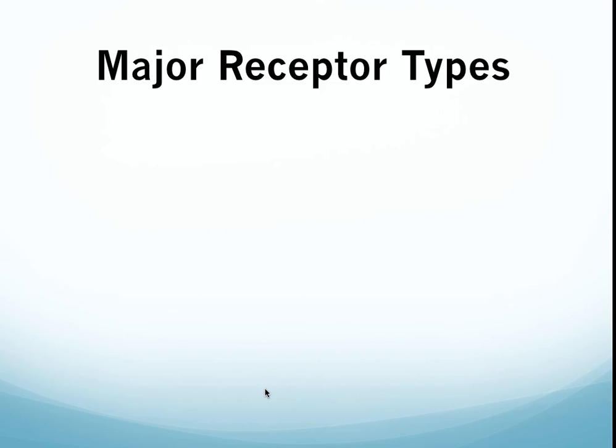So what are the major receptor types? We're going to talk about two big ones. There actually is more than two, and it depends on how specific you want to get and how much biochemistry you want to get into and how much, let's say, enzymatic function you want to get into, but for us we're going to keep it simple and we're going to talk about two major types. The first type is called an ionotropic receptor.